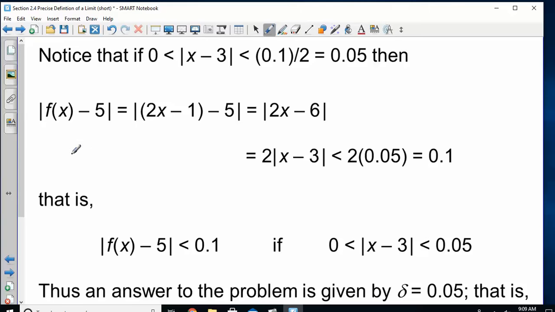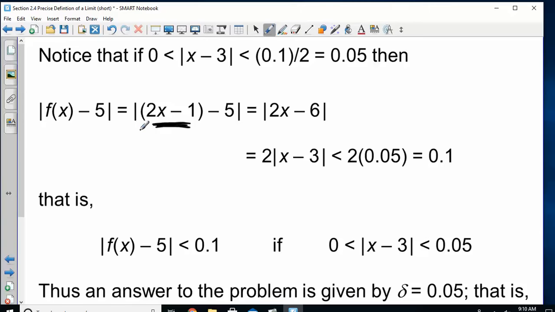So the absolute value of f of x minus 5 equals, where did I get this 2x minus 1 from? Yeah, the original f of x. Wasn't f of x equal to 2x minus 1 right there? So I just plugged that in. Okay, then if you work through this, negative 1 minus 5 gives me negative 6. What could you pull out of that? A 2.